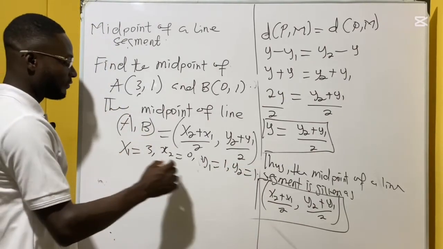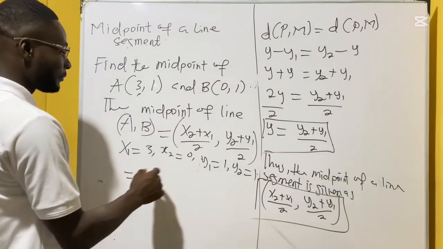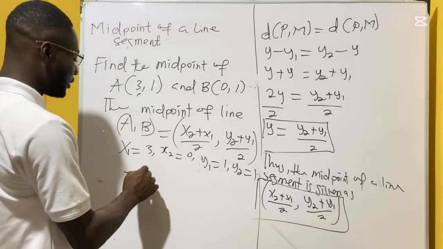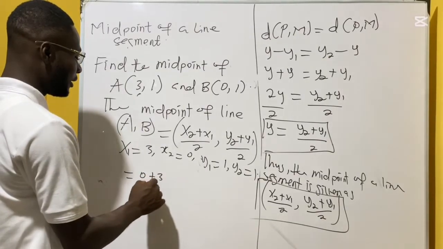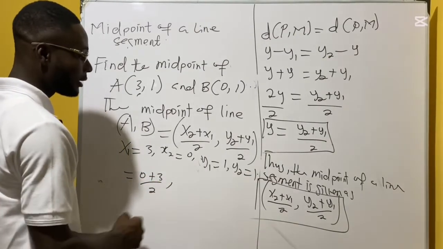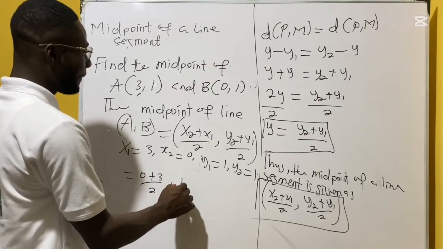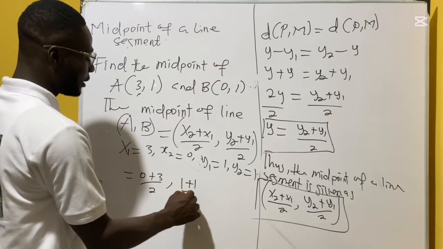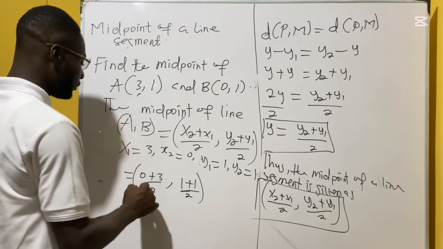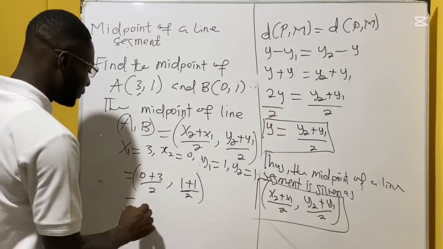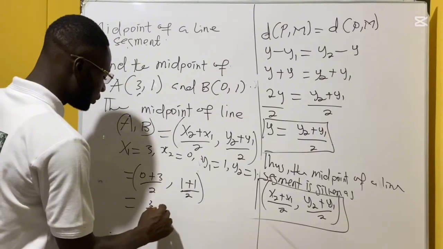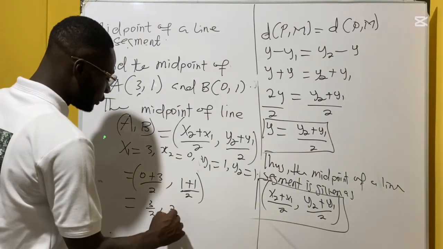So we can say that x2 plus x1 is basically 0 plus 3 divided by 2, comma, y2 plus y1 is basically 1 plus 1 divided by 2, right? So our midpoint is going to be 3 on 2 and 2 on 2.